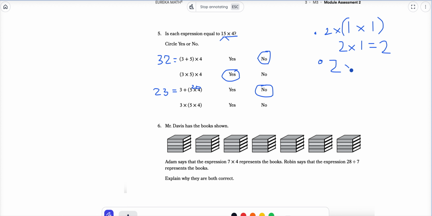But I'm going to put the parentheses around the 2 and the 1. So let's solve this set first. What's 2 times 1? And then we bring this one down, right? What's 2 times 1? Did they equal the same thing?